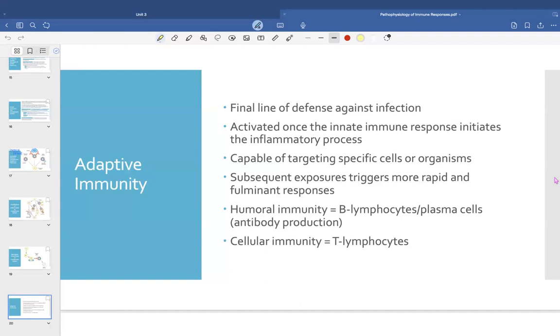You can have large molecules and you can have small molecules. Our large molecules include proteins, polysaccharides, lipids, and free nucleic acids. So it's larger molecules that become the antigen.